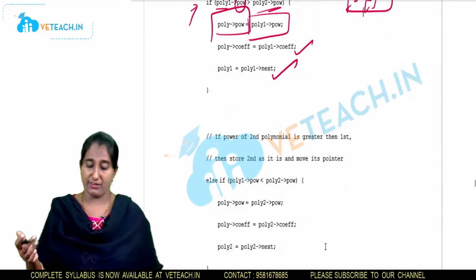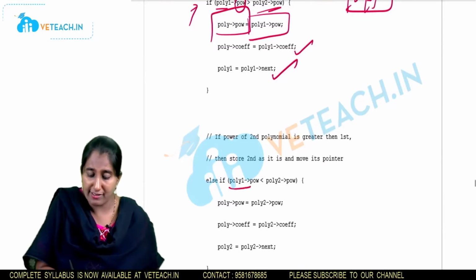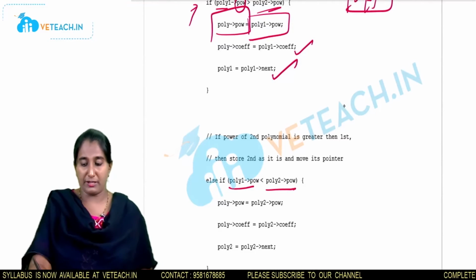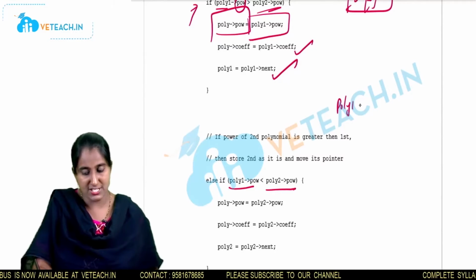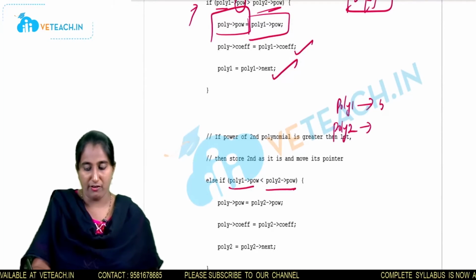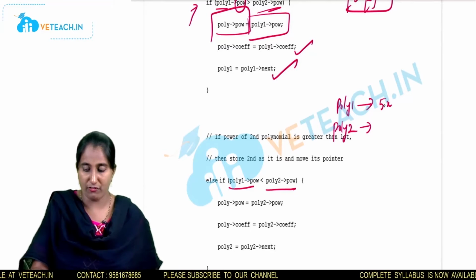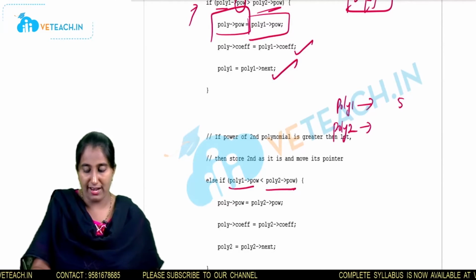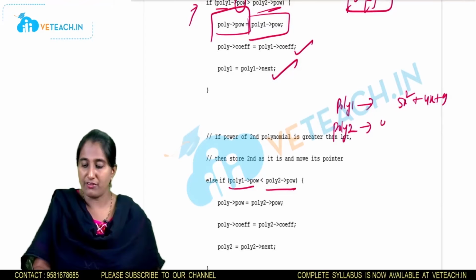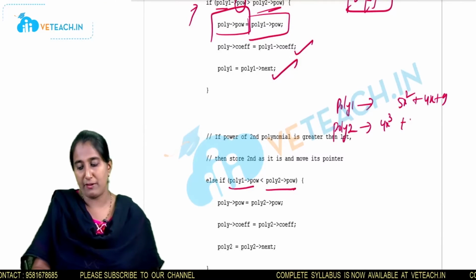Okay. Now if poly 1 is less than poly 2, where poly 1 means the first expression and poly 2 means the second expression, for example, we have 5x square plus 4x plus 9, and here we have 4x cube plus 9.